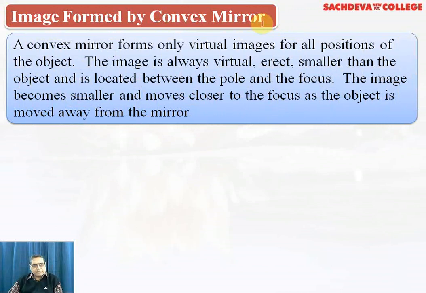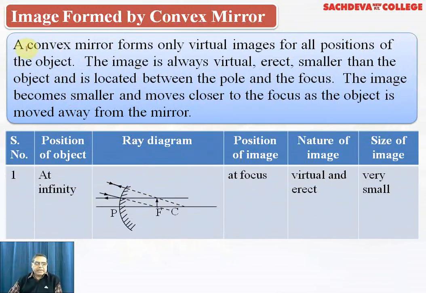Now, image formation by a convex mirror is indicated by the following diagrams. In a convex mirror, the surface is bulging on the opposite side. The shaded region is the polished surface, and the other side of the shaded region is called the reflecting surface. The light always gets reflected from the reflecting surface.